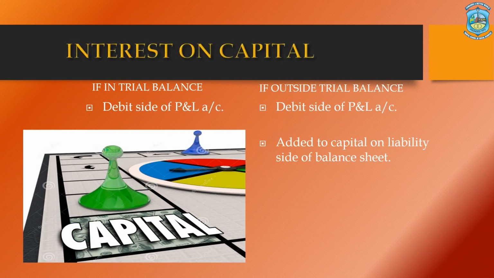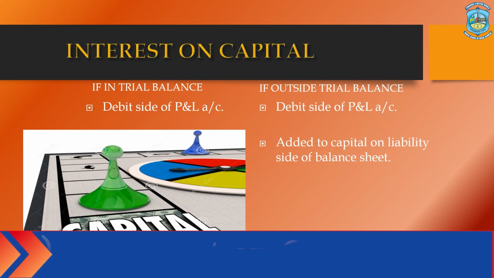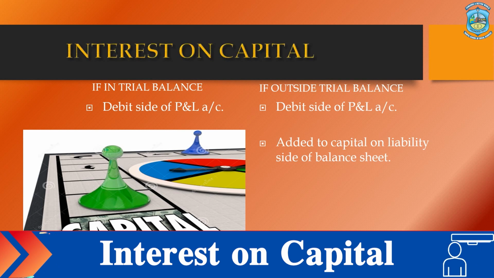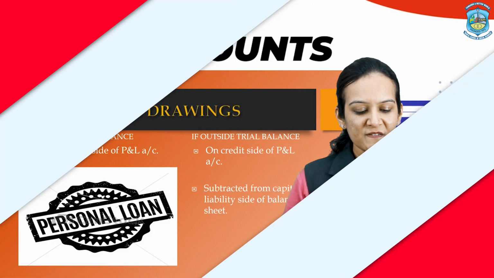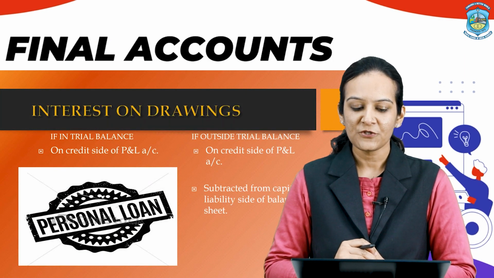Next is interest on capital. If interest on capital is given inside the trial balance, one effect, it will come on the debit side of the P&L account, and if it is given outside the trial balance, there will be two effects. First effect, debit side of P&L, and second effect, it will be added to the capital on the liability side of the balance sheet. What is the accounting treatment for interest on drawings?